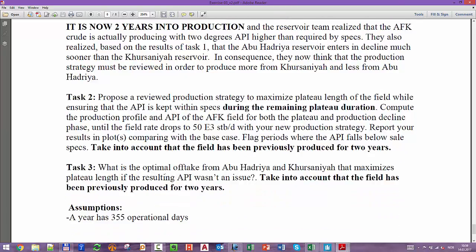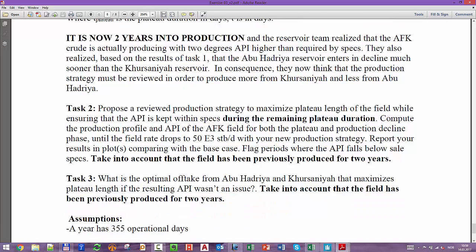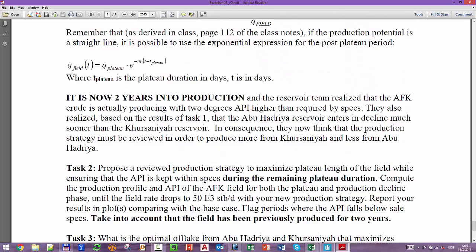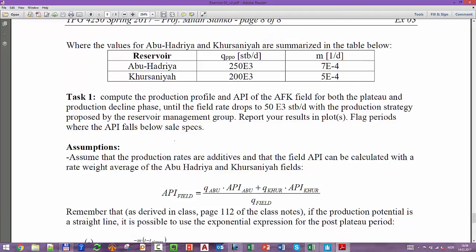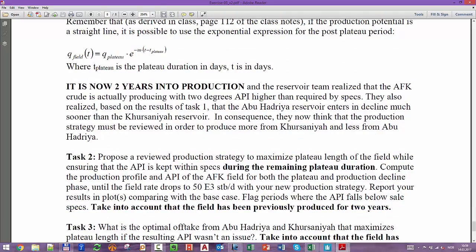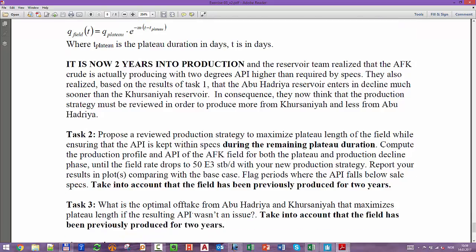That question says, if the API is not an issue, task 3. So you have to do that anyhow.